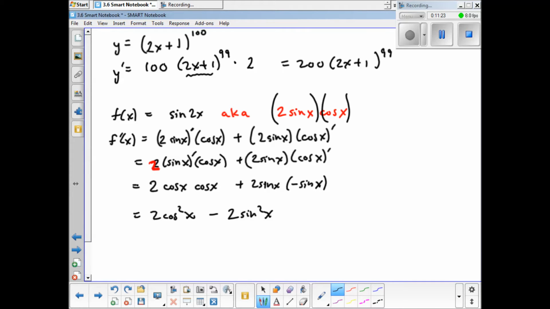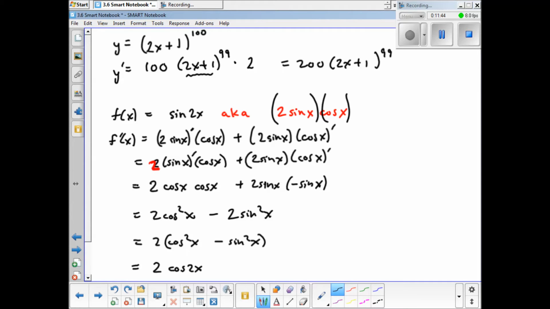Okay, now you may or may not remember the following identity, but if we take a 2 out, we have cosine squared minus sine squared. Now we know cosine squared plus sine squared is 1, but actually cosine squared minus sine squared, you can look it up, is cosine 2x.